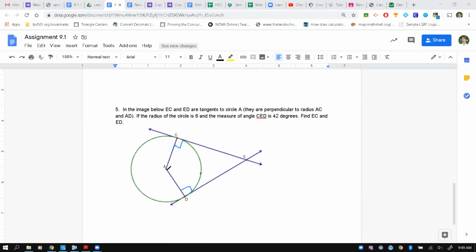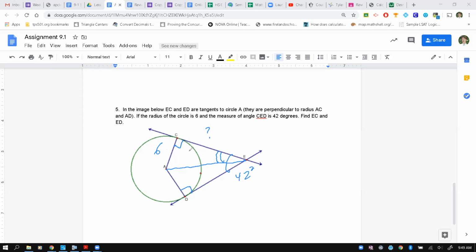If you connect the A to E here, what that will do is split this into 2 right triangles. And if this whole angle is 42 degrees, then I bet you could tell me what this angle is. Then use this right triangle here to find EC, given that AC is 6.